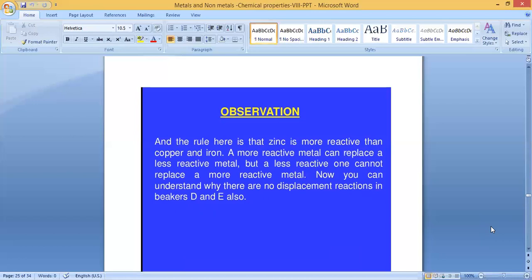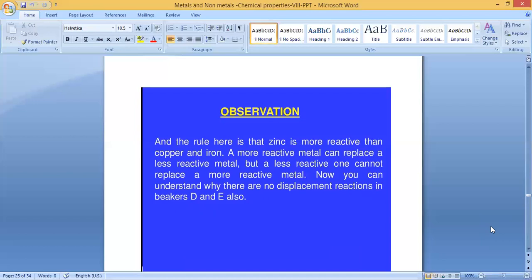If you take these metals, zinc, copper, iron, zinc is more reactive. So that is the reason copper cannot replace zinc from zinc sulfate. Now you can understand why there is no displacement reaction in beakers D and E also. Clear? So this is the principle.